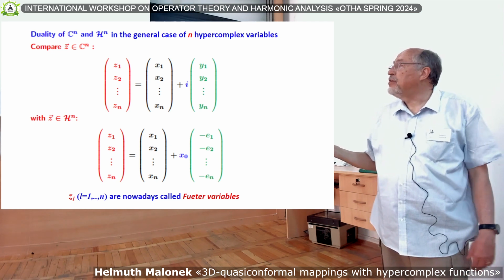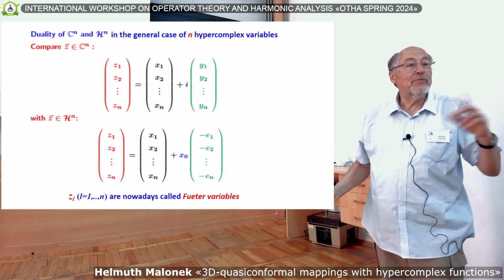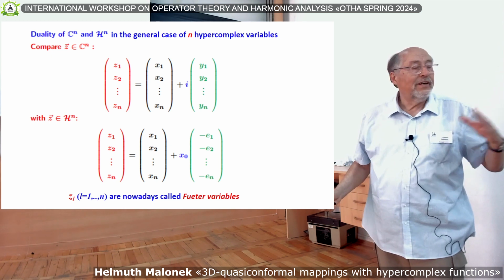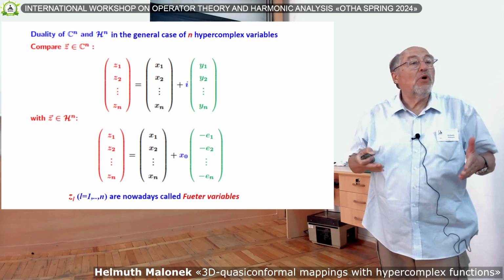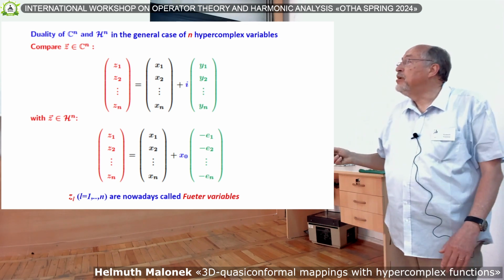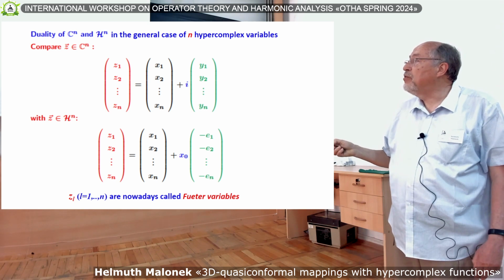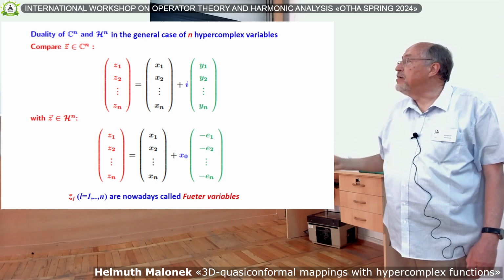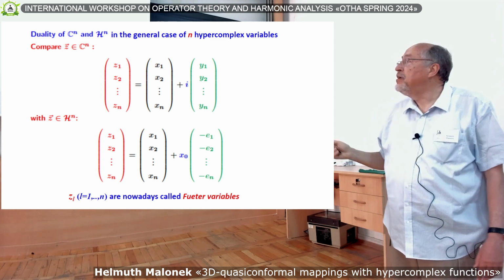He started in the 30s in the quaternion sense, working with this, but not naming, not using as variables. They appear in the representation of the function, but he was not aware that they can play a starting point of all the theory, you know. But here you see you have a real vector and then the vector of the generators and one, the n plus 1 real variable. So the parallelity, the duality is here obvious.